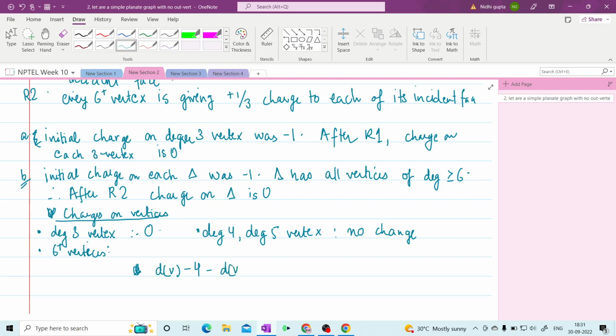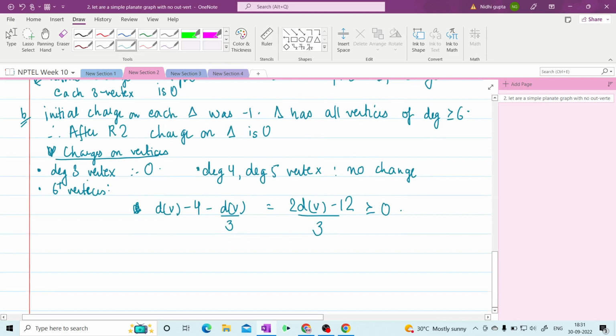So the total net charge after R1 and R2 on 6 plus vertices will be this. And this is basically (2dV minus 12)/3. And since degree of vertex is greater than or equal to 6, this is also non-negative. So we have seen that after redistribution, the charge on each vertex is non-negative.